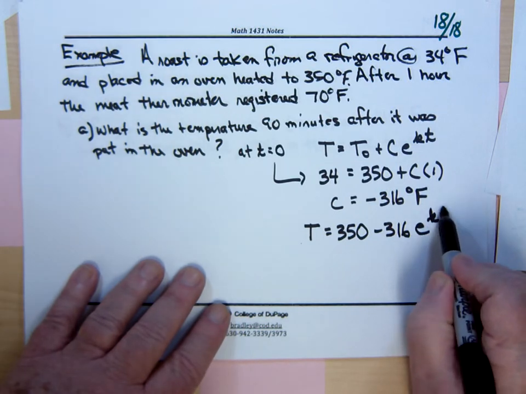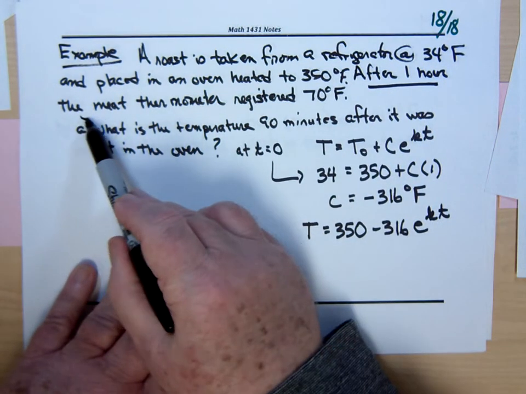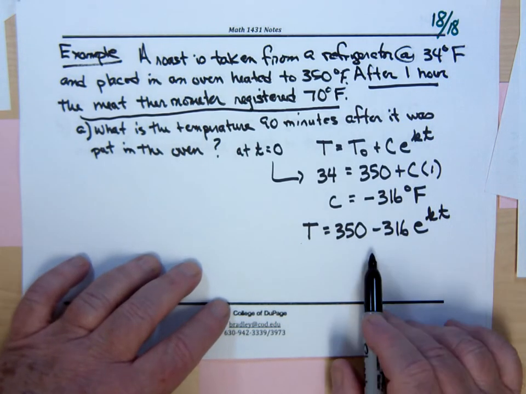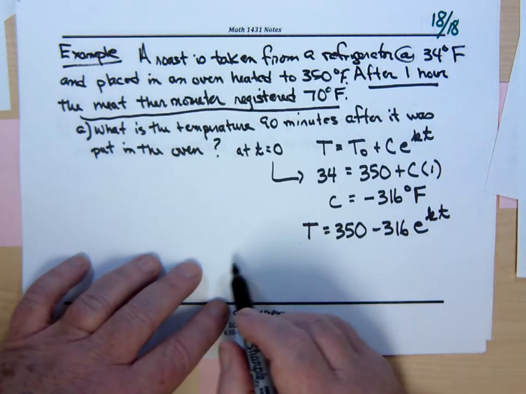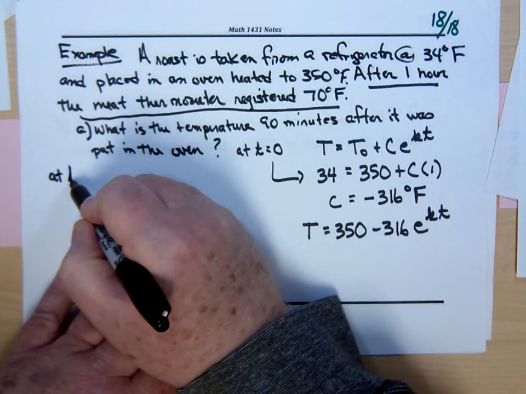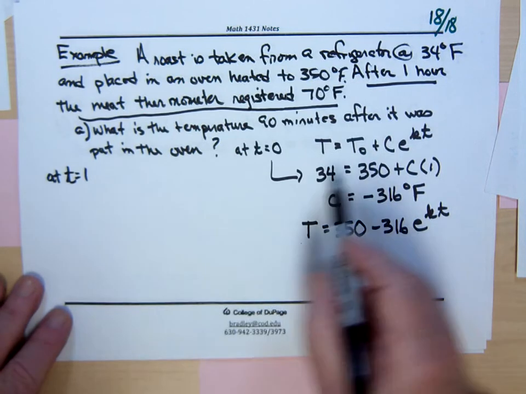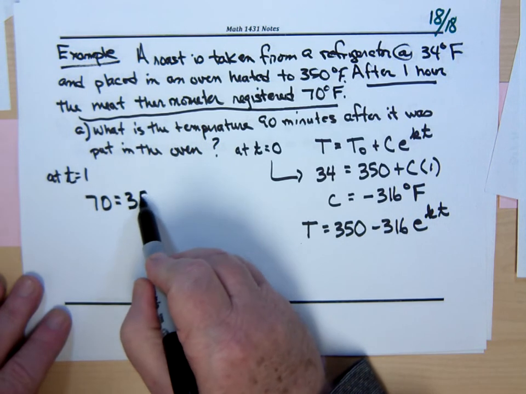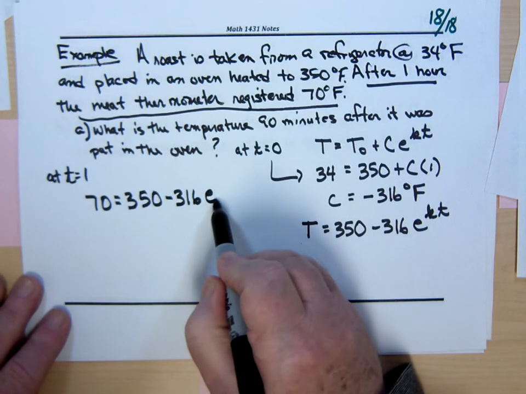KT. Now we have another data point because we know after 1 hour the meat is at 70 degrees Fahrenheit. So we're going to use this equation and the 70 degrees to figure out what K has to be. And so now it is T equal 1. So at T equal 1, we have 70 is equal to 350 minus 316 e to the KT.